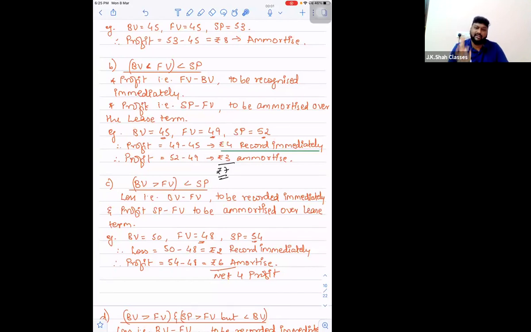Statutory warning. Okay, sir. The difference between SP and FV is always amortized, right? In case of SP greater than FV, correct. And in case of FV greater than SP, we should consider the market price of similar lease rental.